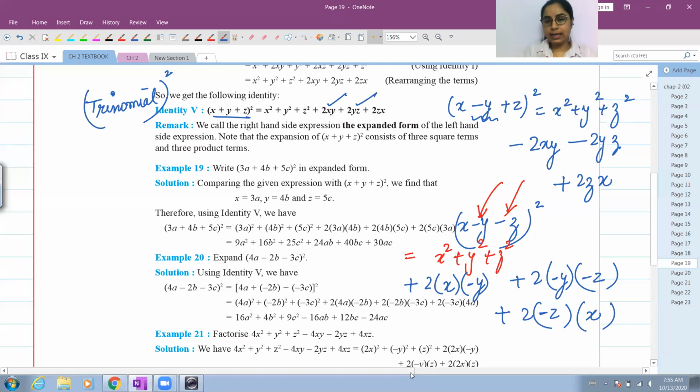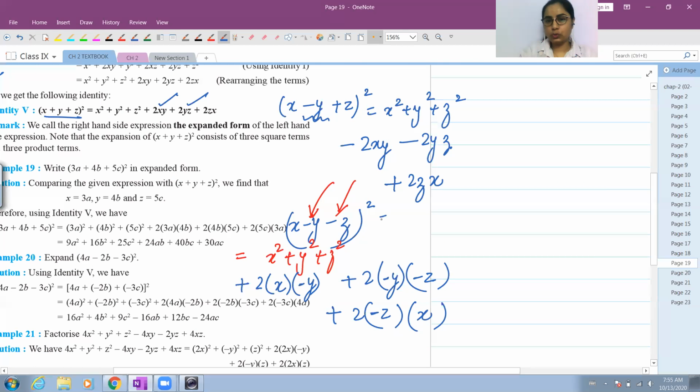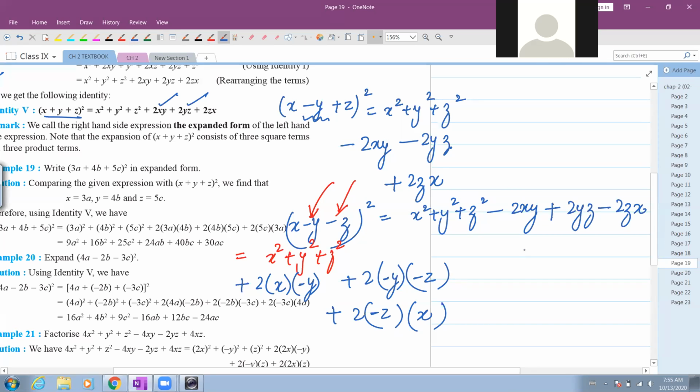So your identity, x minus y minus z whole square, will actually be x square plus y square plus z square minus 2xy plus 2yz minus 2zx. If both variables in a product term have minus signs, their product becomes positive. y is negative, z is negative, so the product of these two will be positive. That's why this term is positive, because this was negative and this was negative.